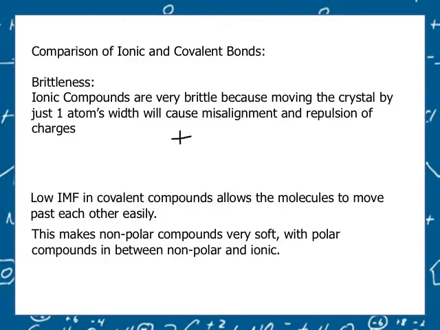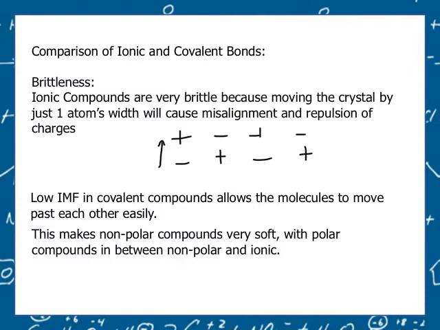So if I draw a very quick crystal lattice here, and you were to hammer on this and move this so much as just one atom, now you're going to have like charges being aligned, and that's going to create repulsion. So ionic compounds are very brittle because they need to be held in this rigid crystal lattice in order to maintain their attractive forces.